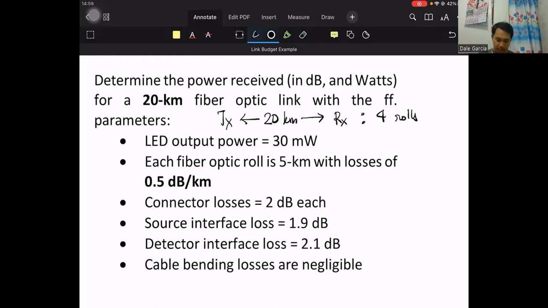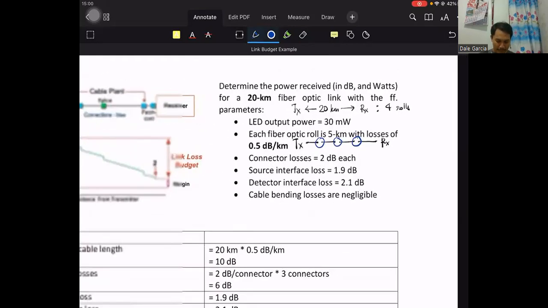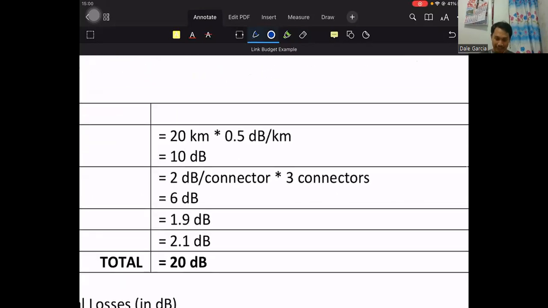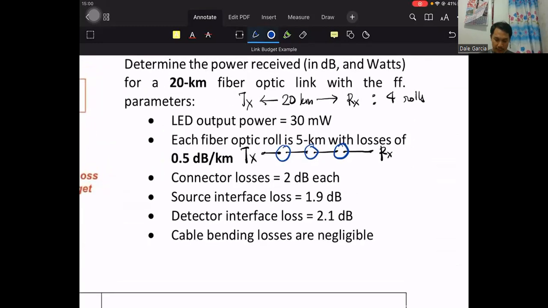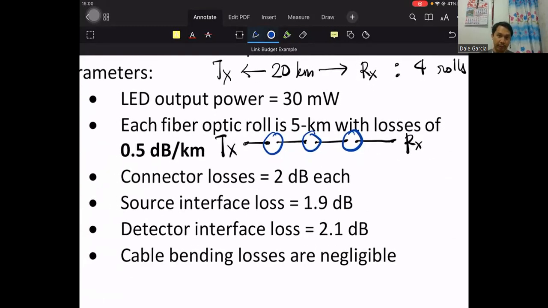So how many connectors will we use? Three. Three connectors, because one end of the first roll is connected to the transmitter, and the far end is connected to the receiver. So only 3 connectors are needed.